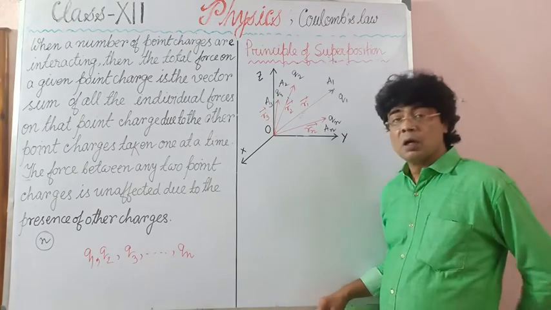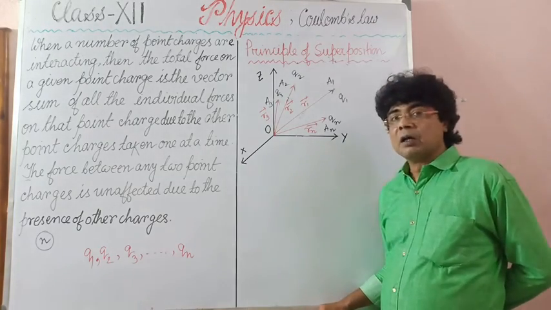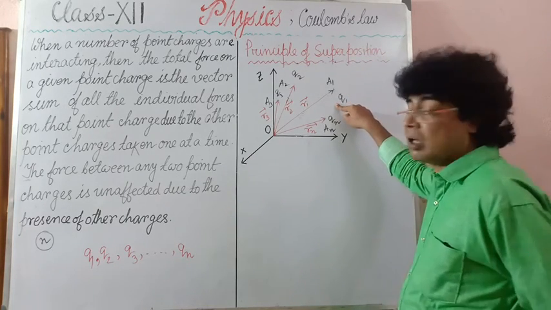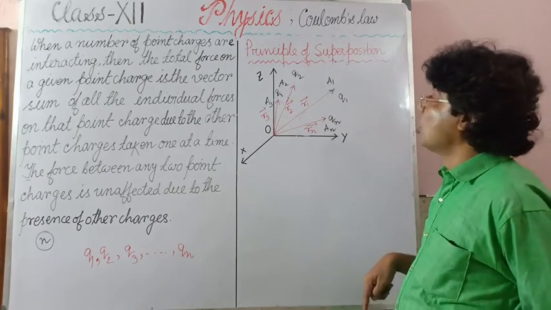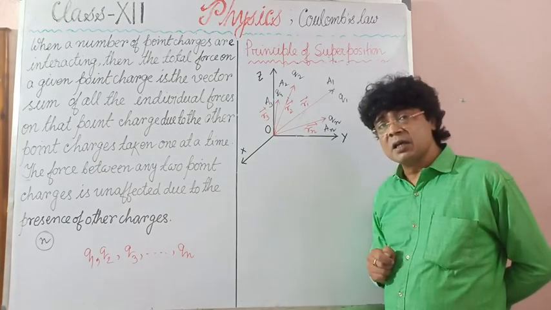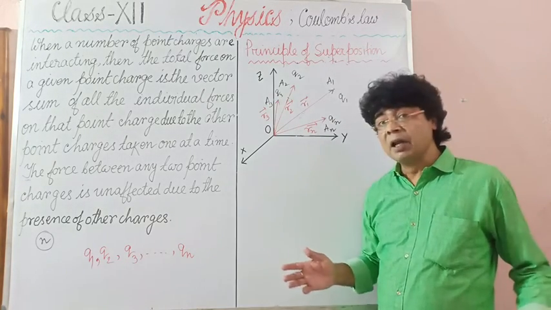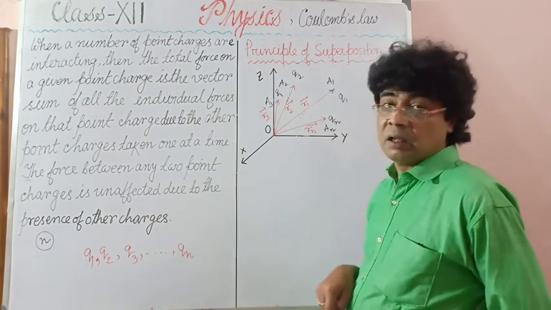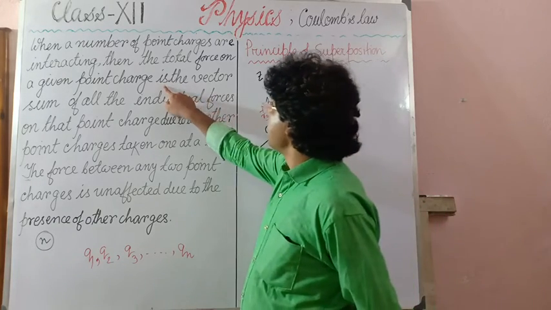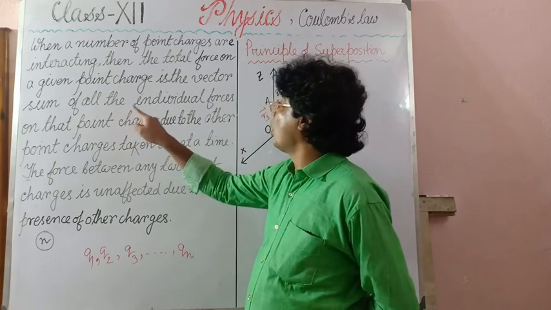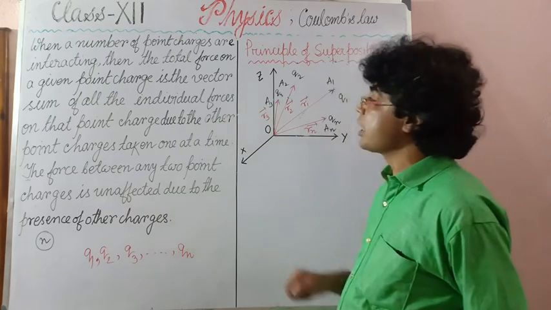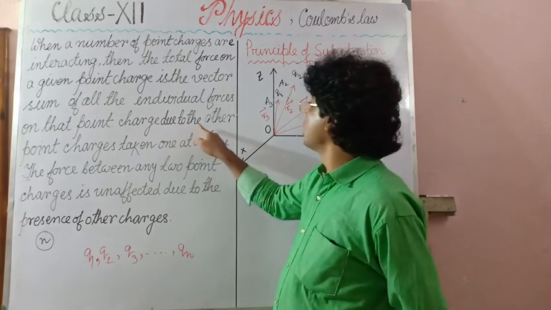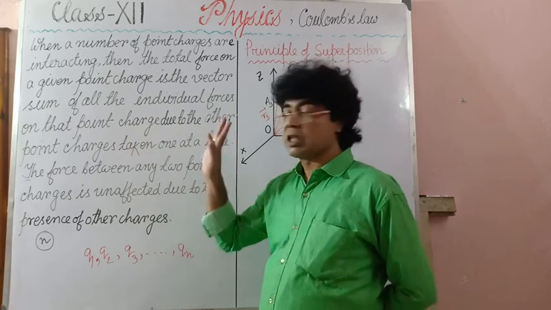Now, what will be the total force on point charge Q1 due to all the other point charges? The answer is simple. The total force on Q1 is the vector sum of all the individual forces on Q1 due to the other point charges.